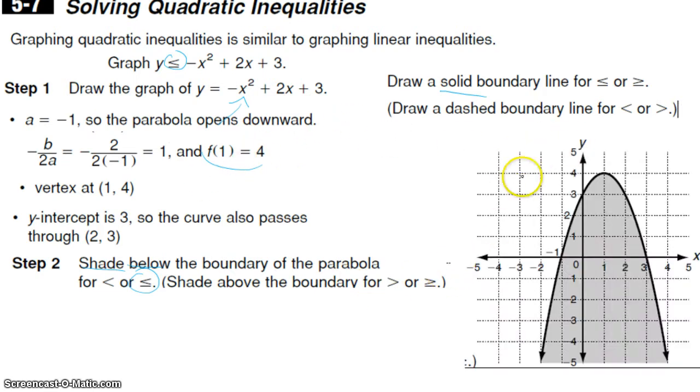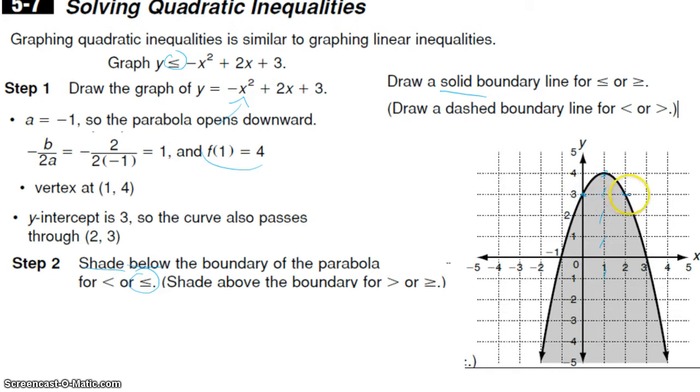So let's see what it's going to look like. Alright, so here's my vertex at 1 and 4. So this is your axis of symmetry, right? So when you plotted your y-intercept, you went back into your axis of symmetry and went back out, right?